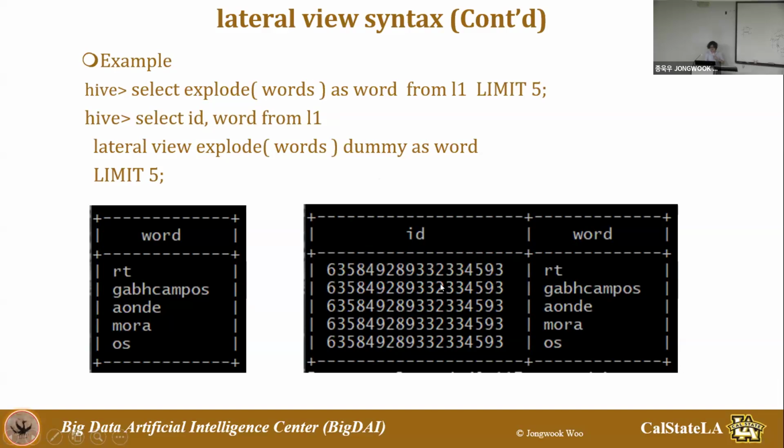Okay. The reason you need to keep this ID is, suppose that you calculate the polarity of each word in your paragraph, and later on you summarize all the polarity, then the result should be collected with the ID again.